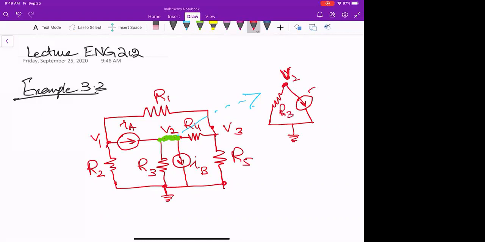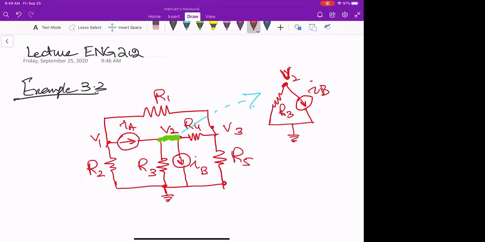So what I was trying to ask: how many nodes are there? There are 3 non-reference nodes, but 4 total. Yes, 4 total, that's fine. 3 non-reference nodes and 1 reference node.